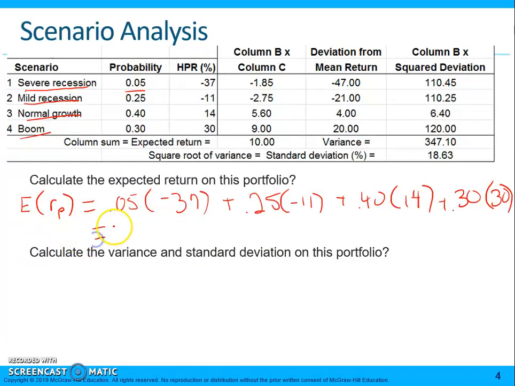We multiply those out and add them up, and we get 10.00%.